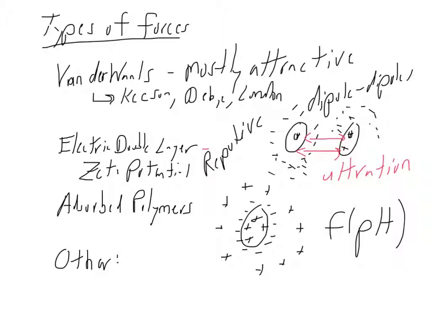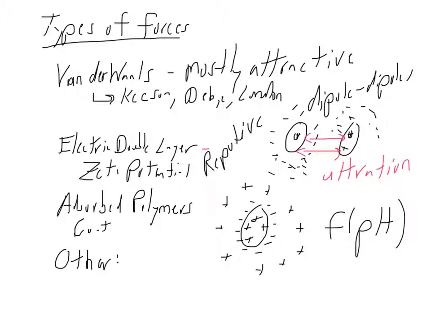The final main force to talk about are adsorbed polymers, which also are called bridging forces or steric forces. The bridging forces tend to be attractive, while the steric ones tend to be repulsive. The idea is that there are these polymers that can coat particles.